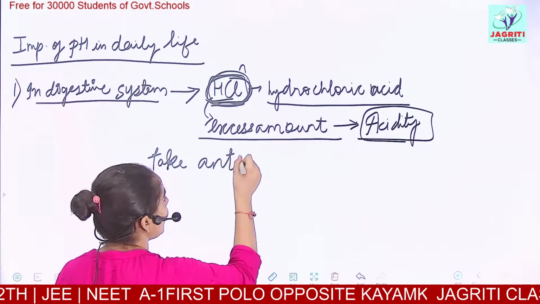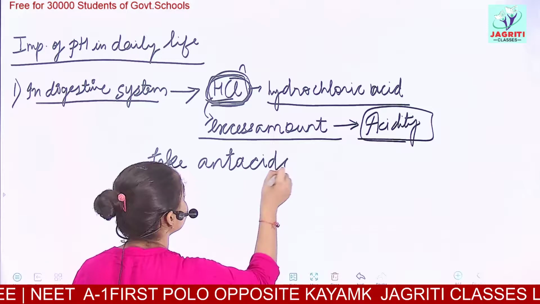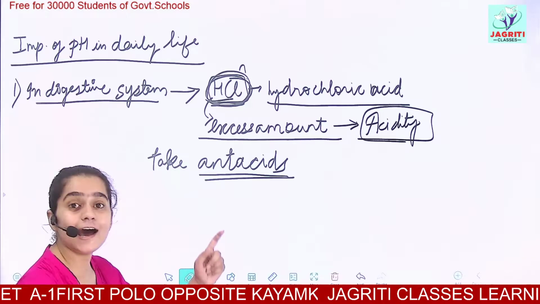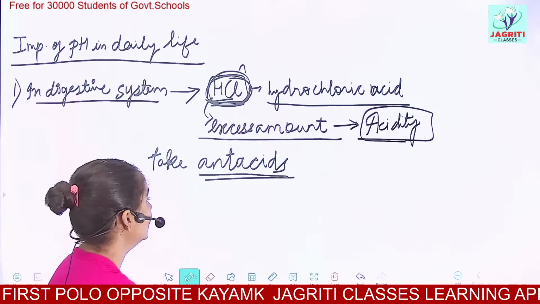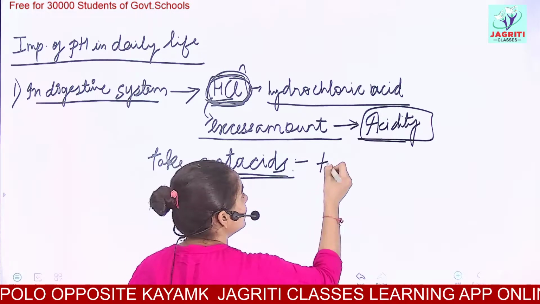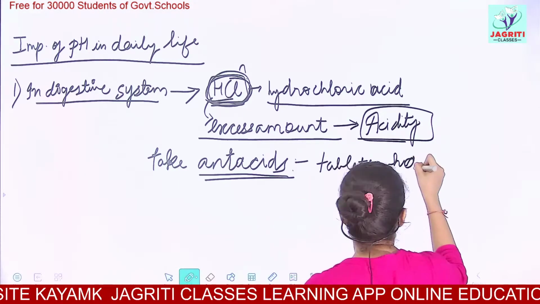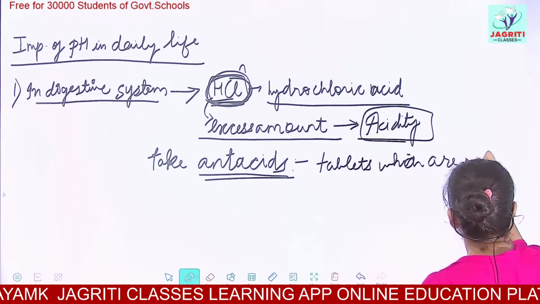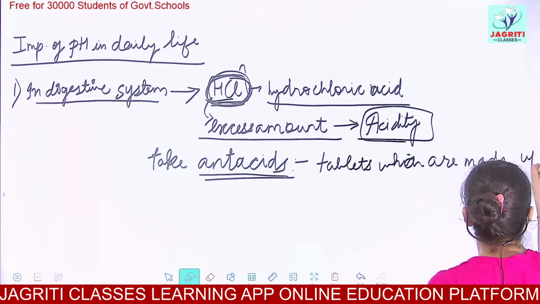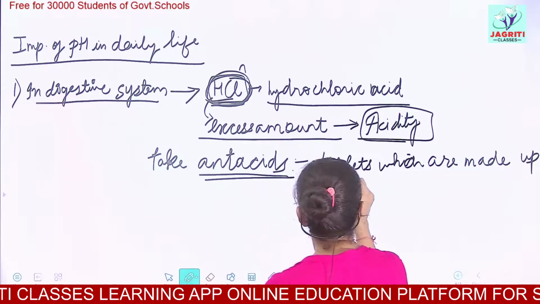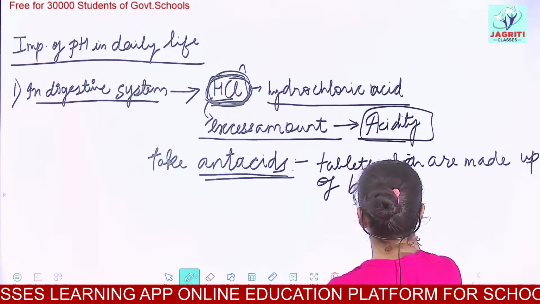You take tablets, and these tablets which fight against acidity are called antacids. Antacids are what? They are tablets made up of basic solutions or basic chemicals.